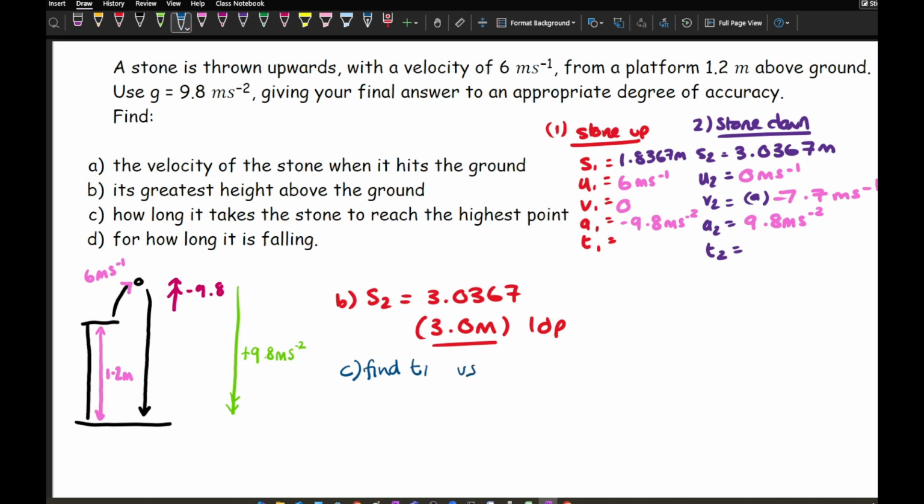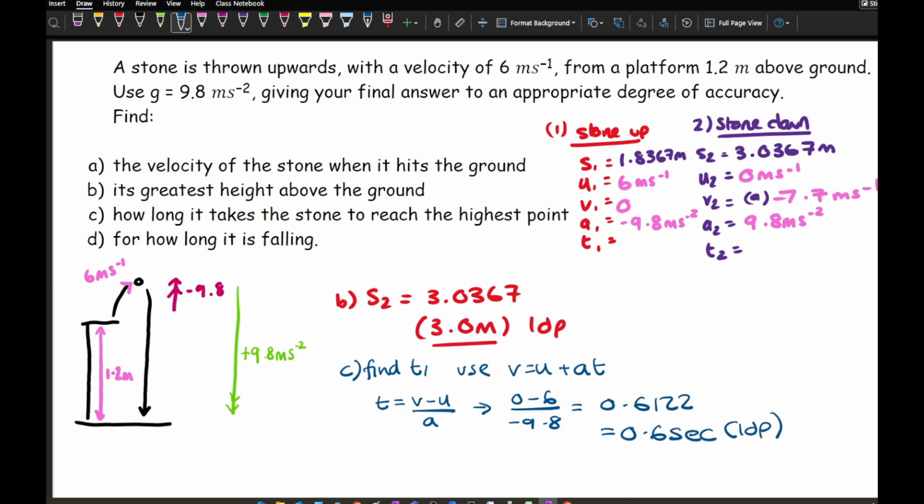So I'm going to use V equals U plus AT, in which T equals V minus U over A. Substituting those numbers in, I get 0 minus 6 over minus 9.8, which gives me a T value of 0.6122, which equals 0.6 seconds, to 1 decimal place. So I can write T1 as 0.6 seconds.